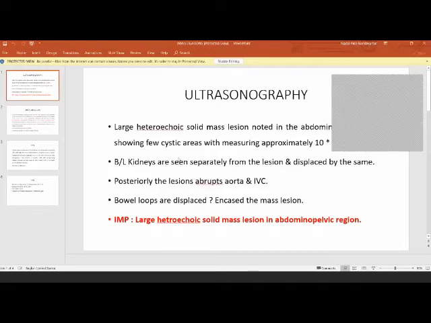Bilateral kidneys are seen separately from the lesion, which are displaced by it. Posteriorly, the lesion abuts the aorta and IVC, and bowel loops are displaced and query encased by the mass. Pancreas is not seen, and bladder is minimally distended.